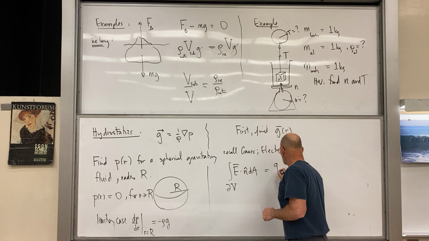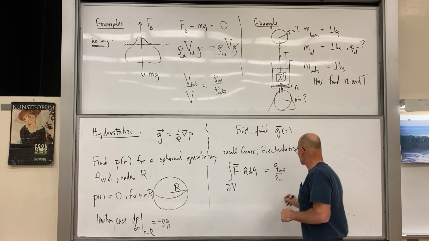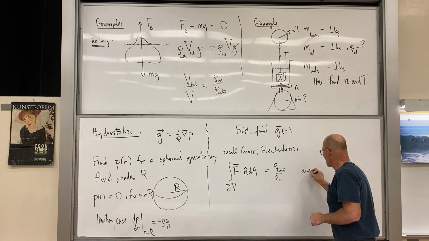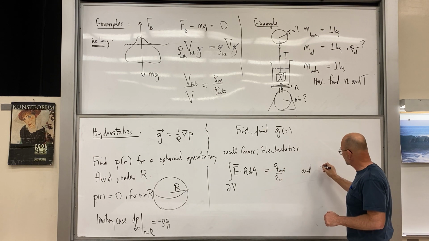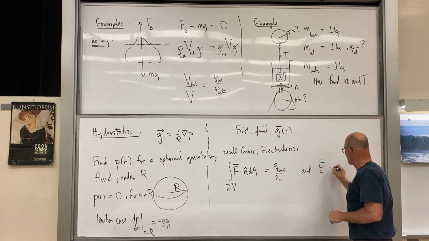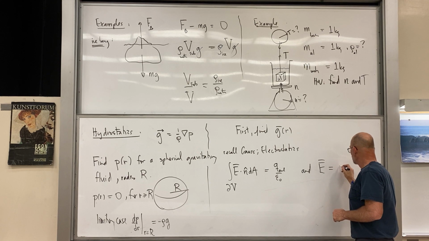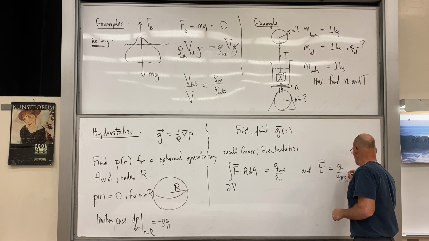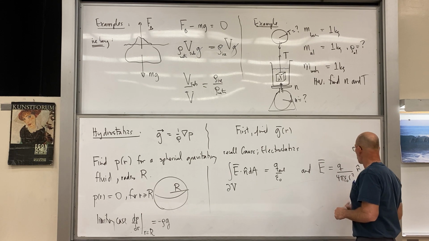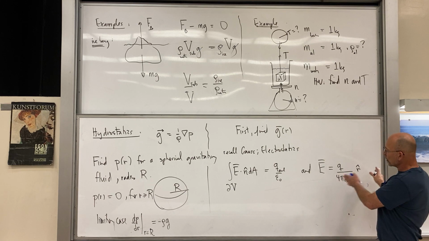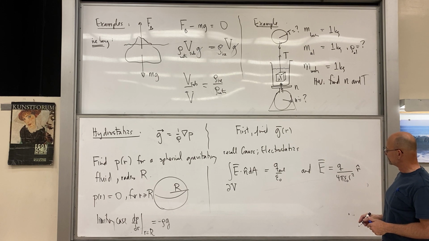It is equal to Q enclosed over epsilon naught. And the law that we have for the field, for a point charge now, is Q over 4 pi epsilon naught r squared r hat. So that's how it works with Gauss's law.